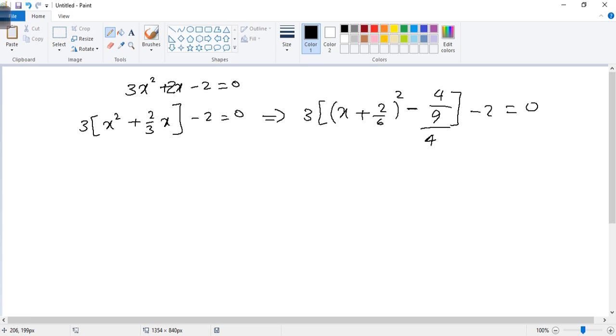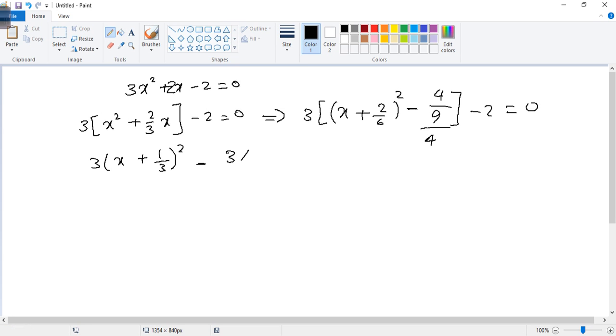Let us shape it. It will be 3 times x plus 1 over 3 squared, and minus, this 3 here will multiply to this one.